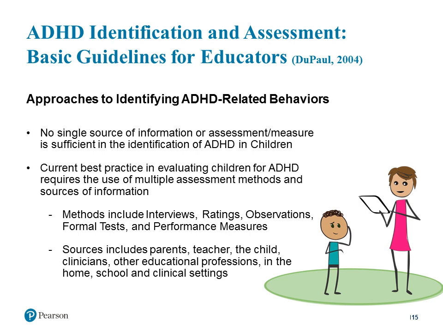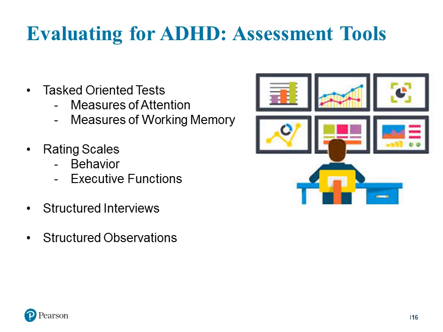Current best practices in evaluating children, though, requires the use of multiple assessment methods and sources of information. Methods include rating, observations, formal tests, and performance measures. Sources include parents, teachers, the child, clinicians, other educational professionals, in the home, school, and clinical setting.